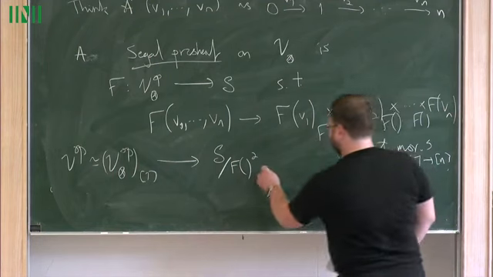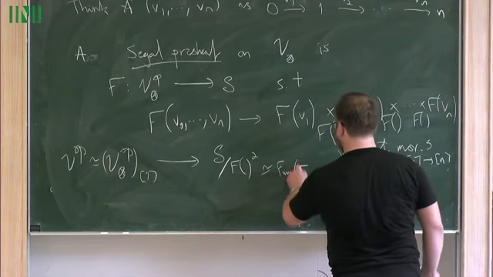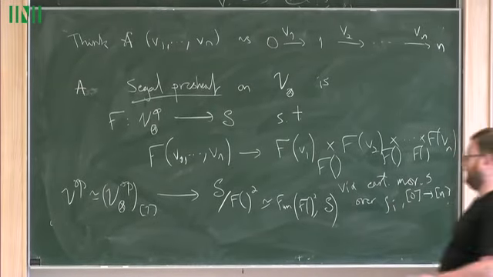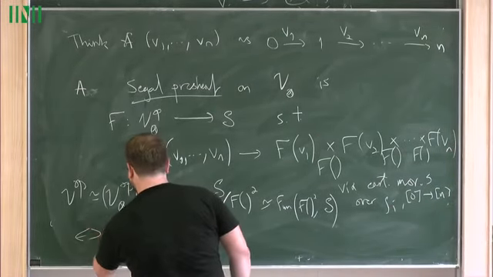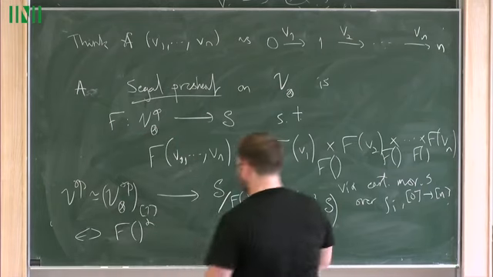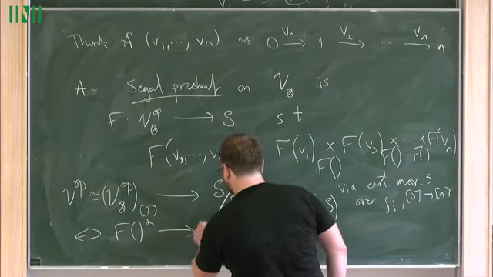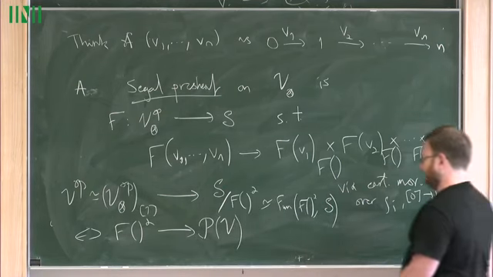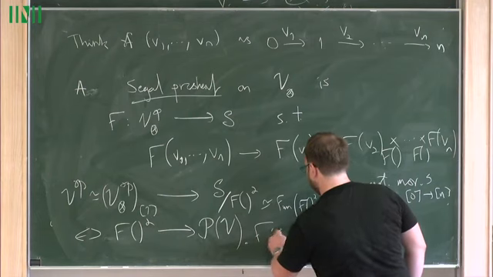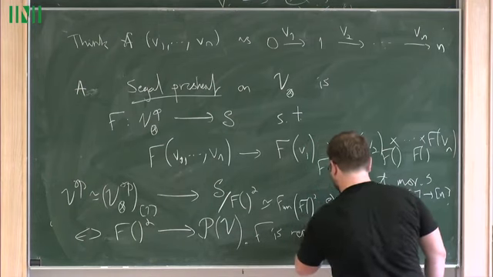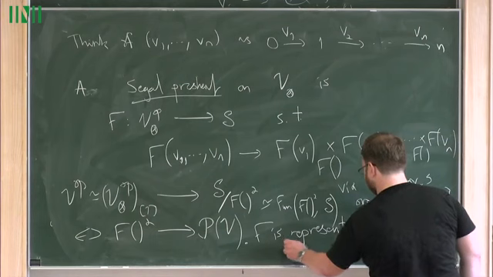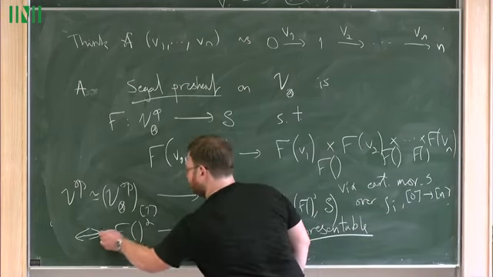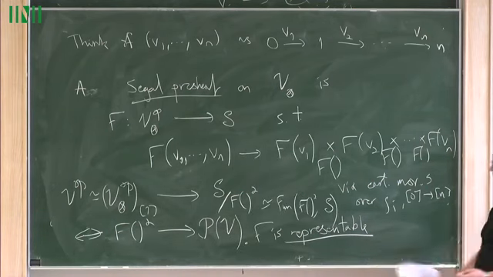This slice is equivalent to the functor infinity category into spaces, and then we can rearrange this as a functor from this space, F of the empty list squared, into presheaves on V. I'll say that F is representable if this functor lands in the subcategory of representable presheaves.